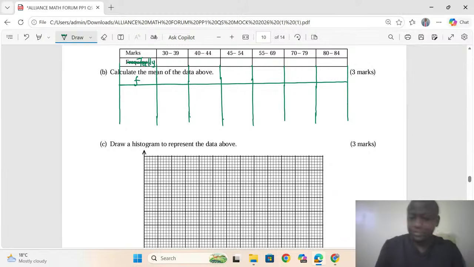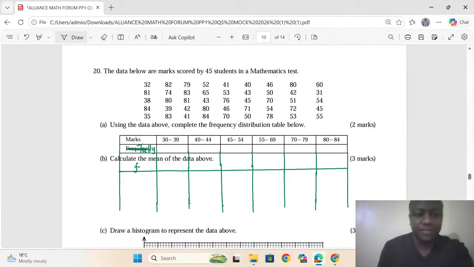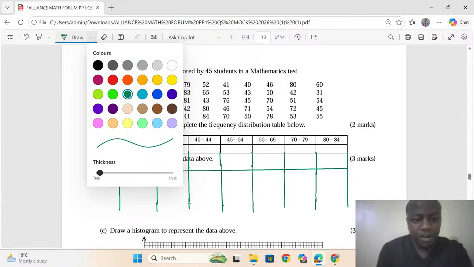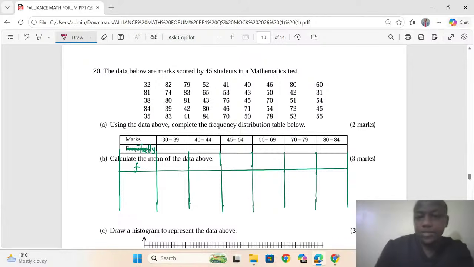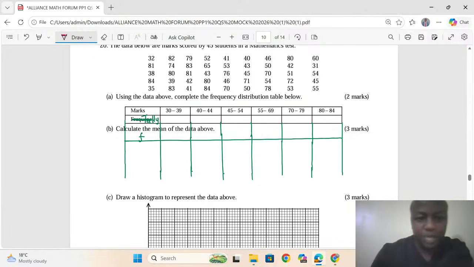Okay. Now at this point, when we talk about tallying, this is what you're going to do. I'm going to use a conspicuous color like this one so that I transfer every value to the class that it belongs. When we start with 32, for example, we place a stick in the class where 32 belongs.